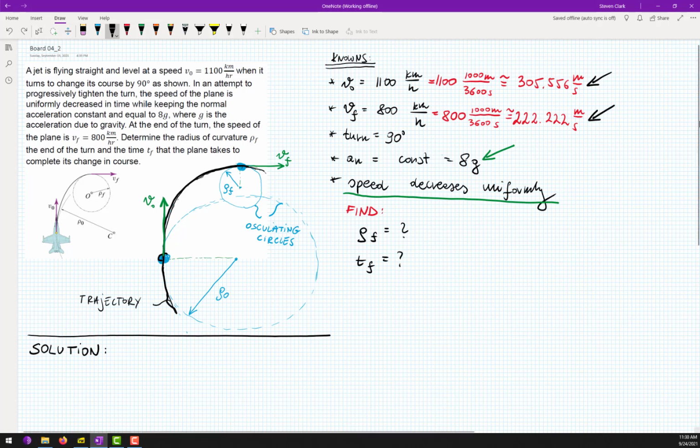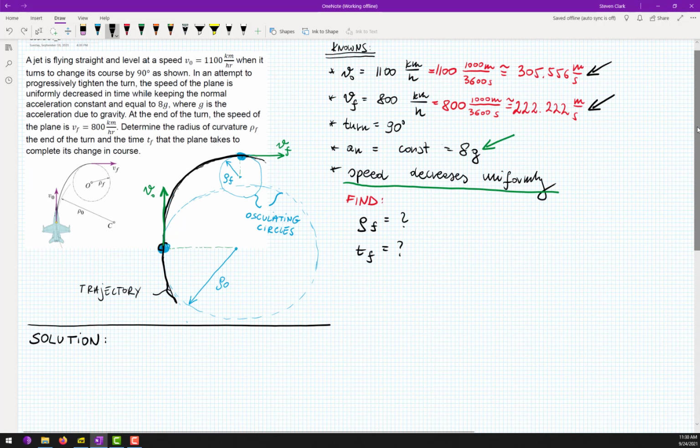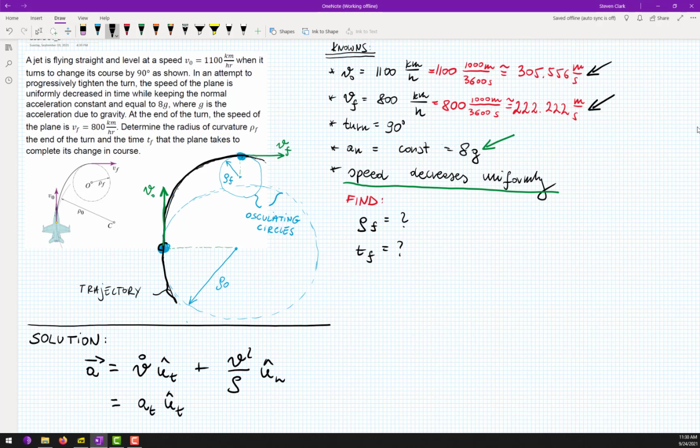Okay, the solution is the following. I am just going to write down this expression from our previous board. That would be v dot ut plus v squared over rho un, and this is equal to at ut plus an un.